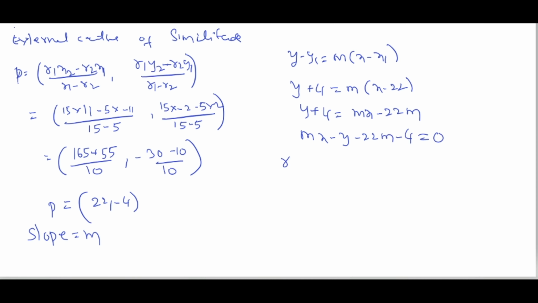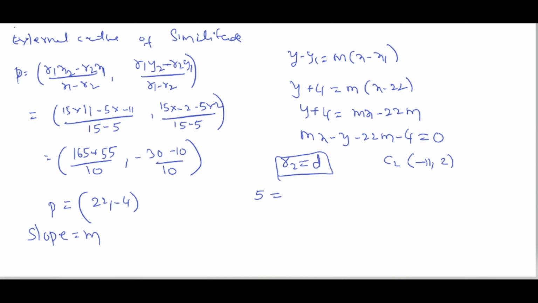If a line touches the circle, the condition is r is equal to d. So we take r2 is equal to d. The radius of the second circle is 5 and d is the perpendicular distance from the center to the given tangent line. The second center C2 is minus 11 comma 2.